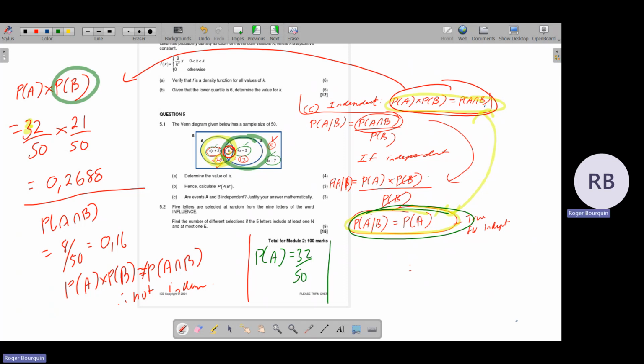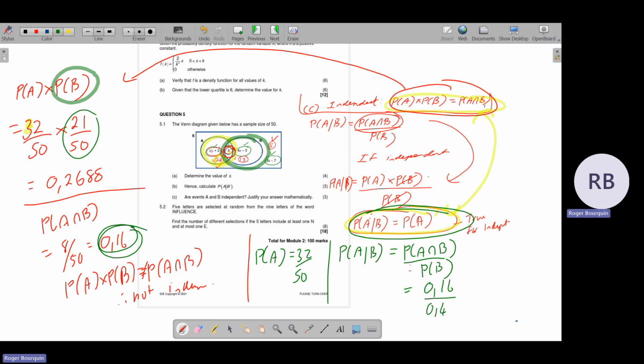And the probability of A given B is equal to the probability of A and B over the probability of B. The probability of A and B from here is 0.16, and the probability of B is equal to 21 over 50, in other words 0.42, that's 42 over 100.